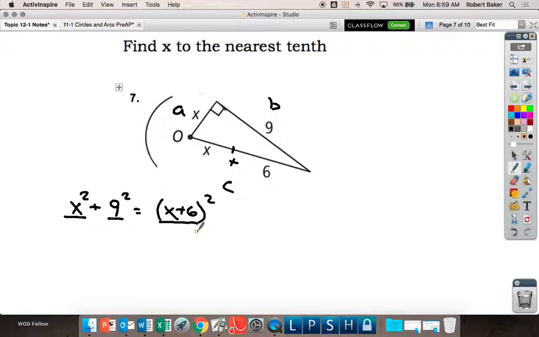It's the whole thing squared. So x times x is x squared. 9 times 9 is 81. But x plus 6 times x plus 6. That's where you have to do a little bit of foiling.